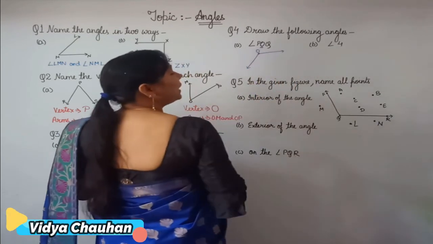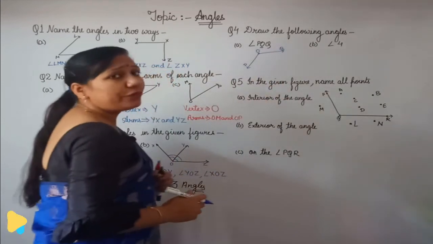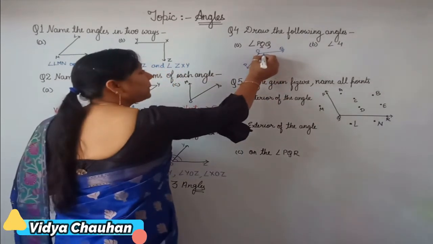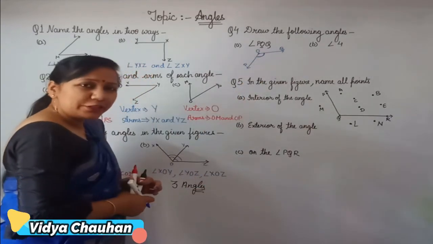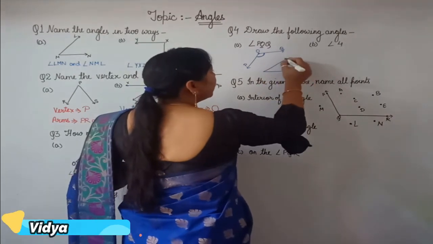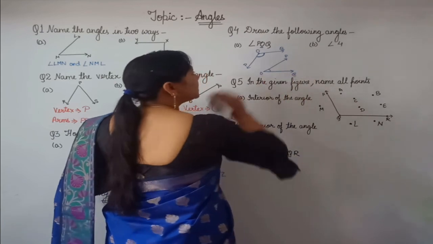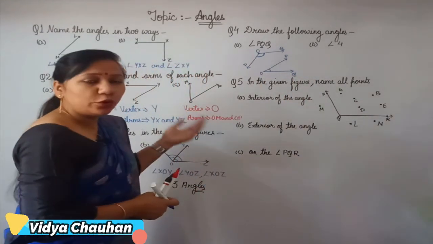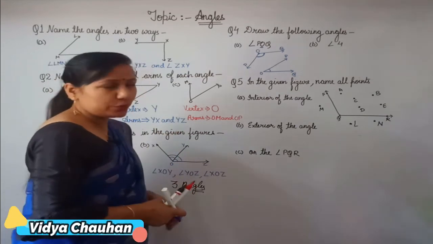So this is the way I am drawing my angle. You can draw in your own way. So this is our angle POQ. Right, students? You can draw it in different ways also. You can also draw it in this manner, and you can name it as POQ like this. So this is your angle POQ. Both the ways it is correct because there is no fixed measurement given to us.